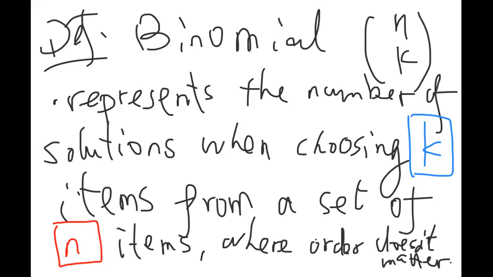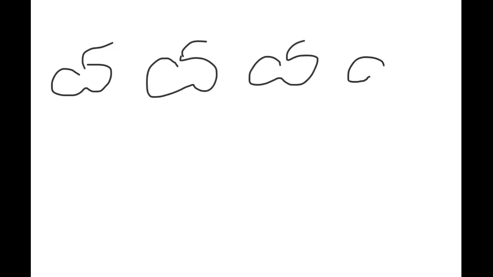What do we mean by choosing k items from a set of n items? For example, if you have 5 apples and you want to select 2 of them, say to give to other people, what is the total number of possible outcomes of choosing the apples?